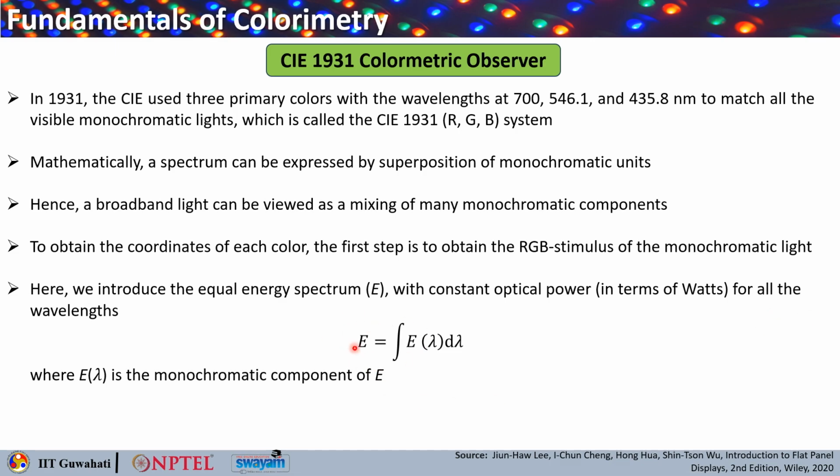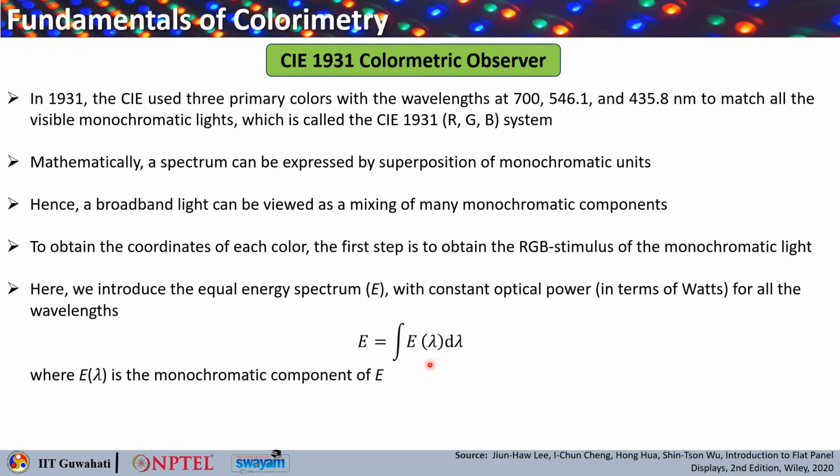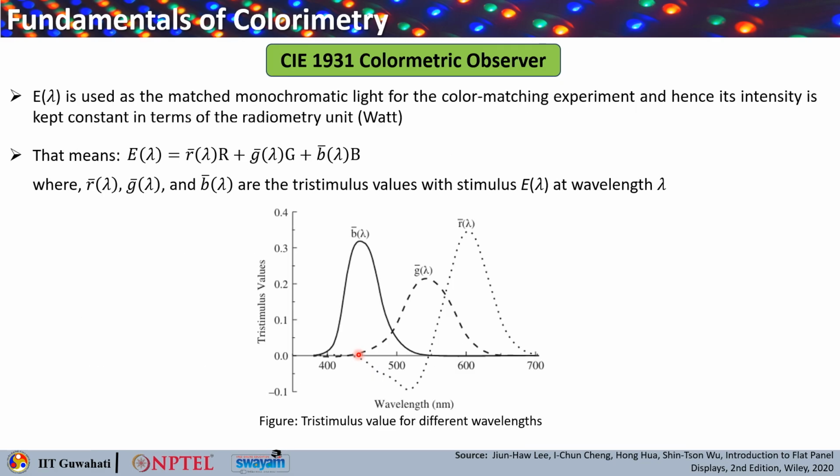So, you can have E, which is the integration of E lambda d lambda. What is E lambda? That is the monochromatic component, but you are integrating over different lambdas to get the equal energy spectrum E. So, E lambda is used as the matched monochromatic light for the color matching experiment, and hence its intensity can be kept constant in terms of the radiometry unit, that is watt.